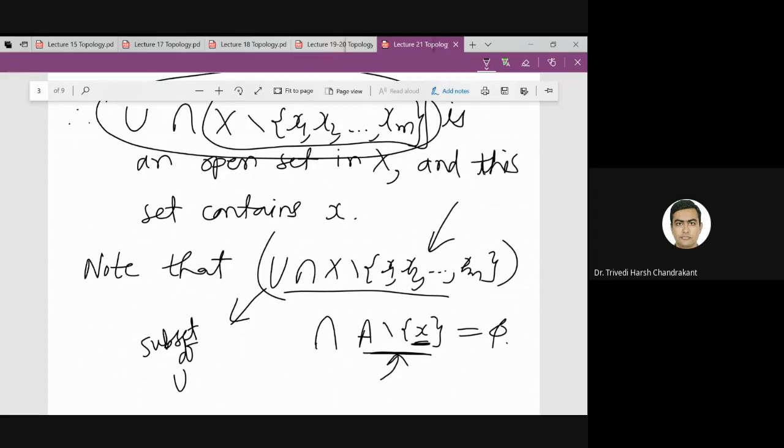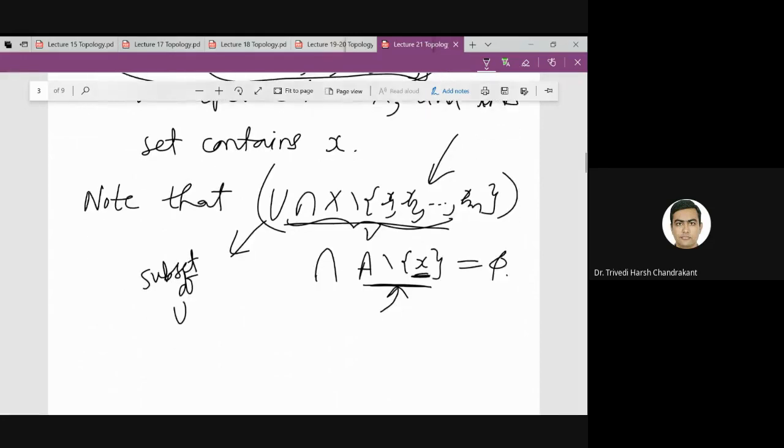So we found a neighborhood, you can call this set V. So V intersection A minus X is a null set. That means X is not a limit point of A.